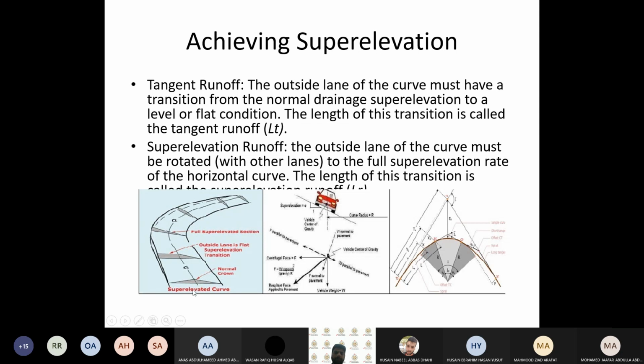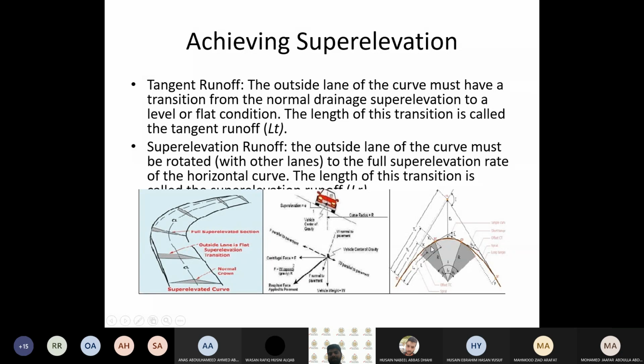So these are the two stages for turning from normal slope to full super elevation. If you look at the profile here, this was the 3D image on the left hand side, and the one on the right hand side is a profile. You see the dark gray portion, where you are achieving the super elevation, and the light gray portion, which is the circular curve.